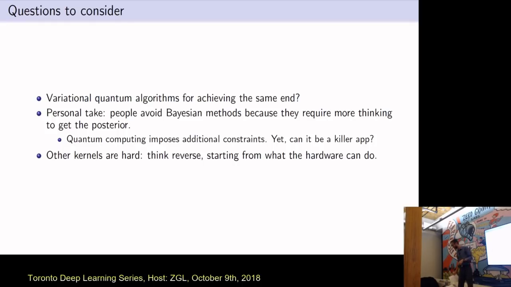I didn't go through that part. But maybe we can think in reverse, because there are some covariance functions which are a natural fit to quantum computers. Maybe you can reverse engineer from there and come up with some new Gaussian process fitting the quantum computer, as opposed to trying to force an existing classical kernel on a quantum computer, which is actually difficult to calculate.